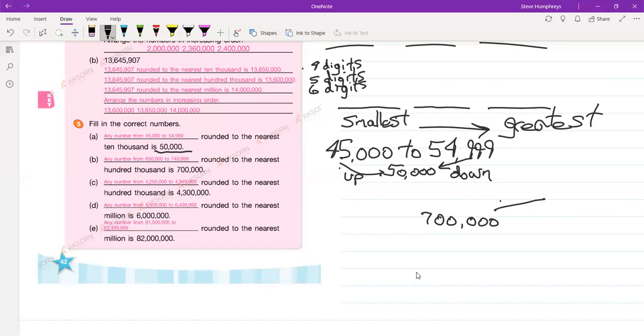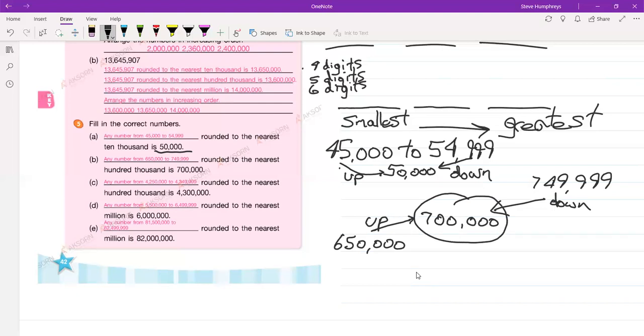You're going to have a number where you're rounding it up, between 650,000 and 699,999, and a number where you would round it down, up to 749,999, to this number.